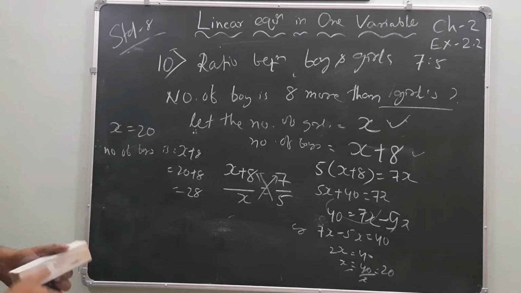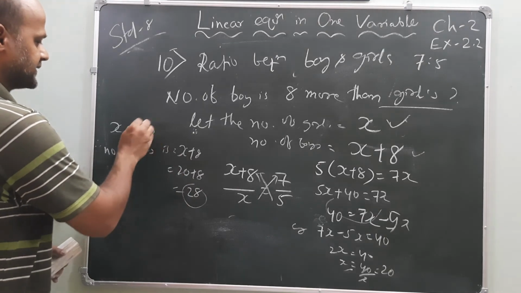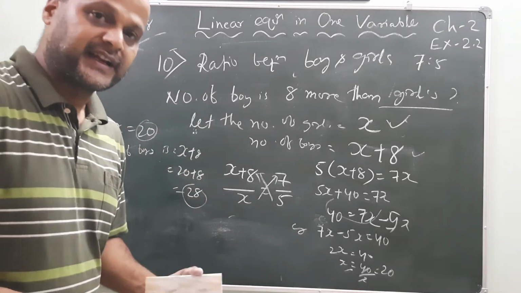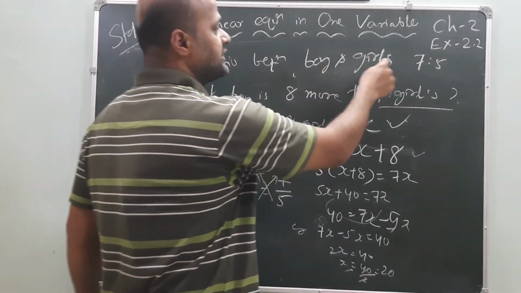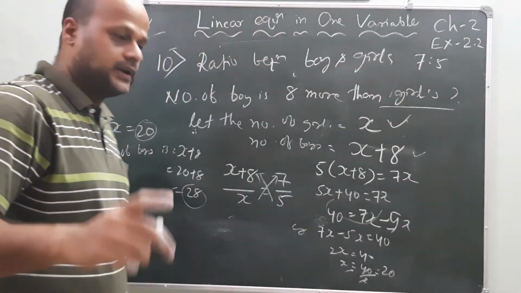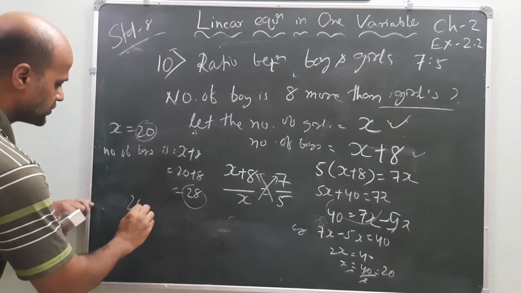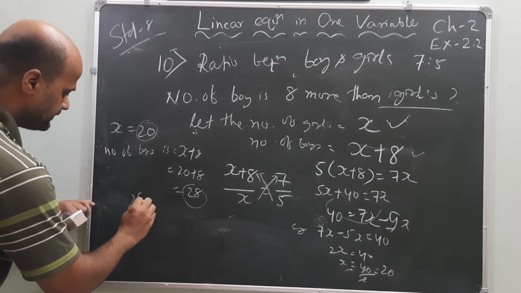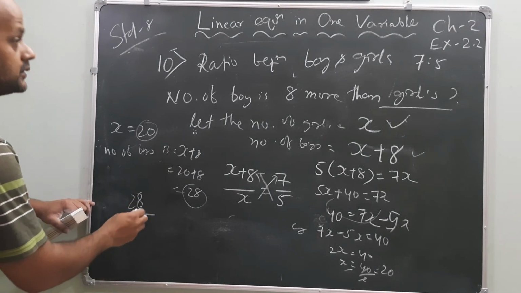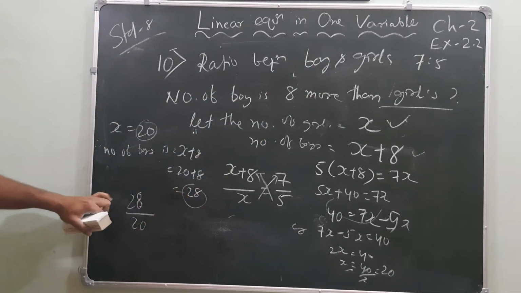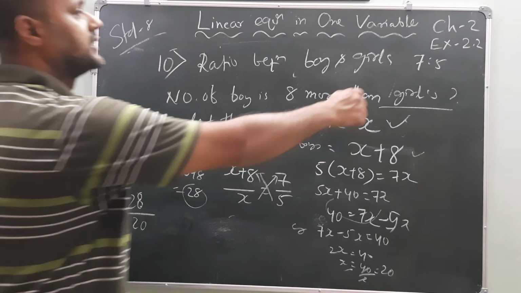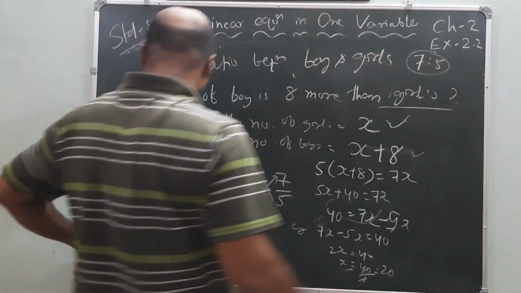But before coming to the answer, put that answer in the question. The ratio between the boys and girls is 7:5. Let's see whether boys to girls is coming 7:5 or not. Just check it. 28 divided by 20, this is boys, this is girls, because the ratio is given here. So put that ratio in here. 4 5s are 20, 4 7s are 28.